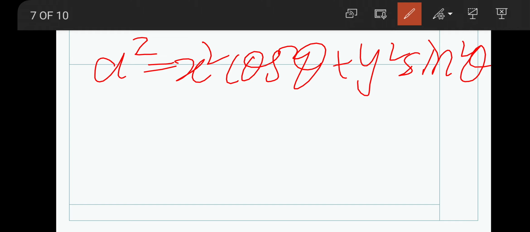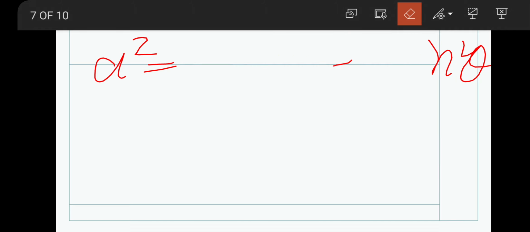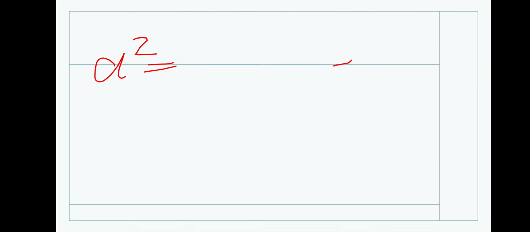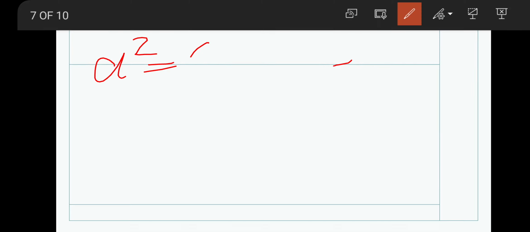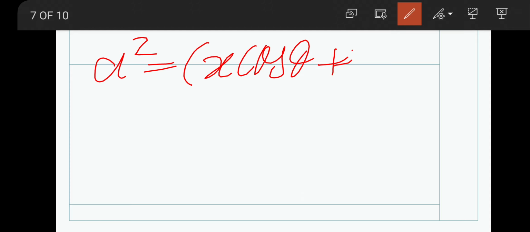Instead of writing it in this big form, we have another way. Can we write it as x cos theta plus y sin theta whole square?